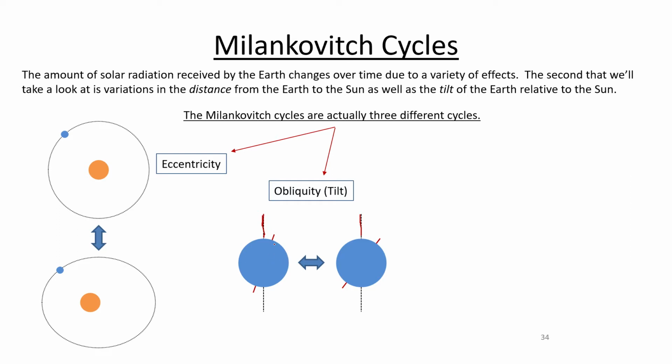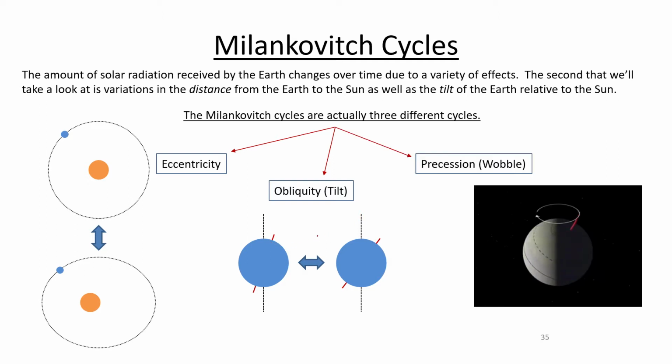The Earth actually rotates around an axis that is right here, offset from that vertical. And the cycle we're talking about here is one in which the tilt of the Earth goes from something that is maybe 20 degrees to something that's maybe 25 degrees. We'll get more specific about that in a little bit. But it goes back and forth between those two extrema.